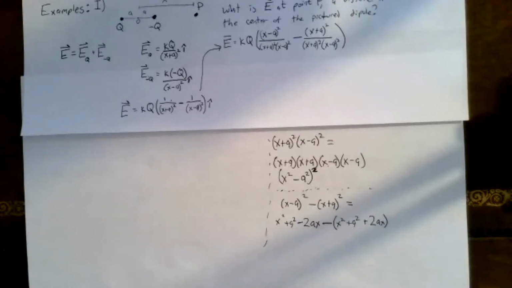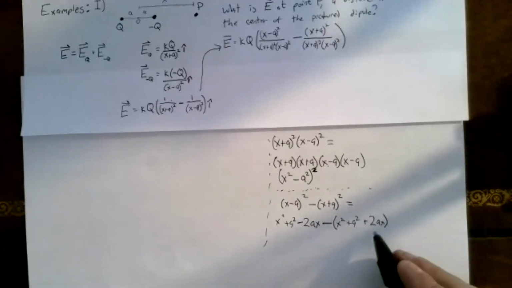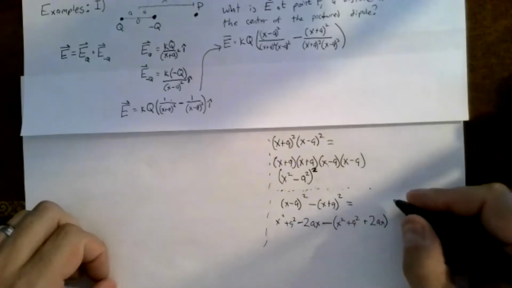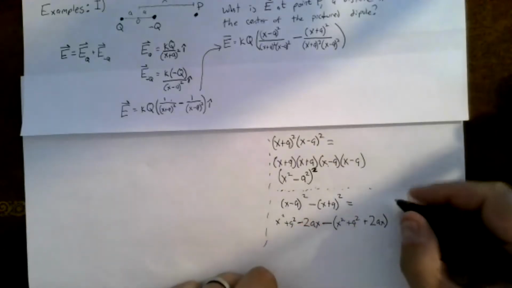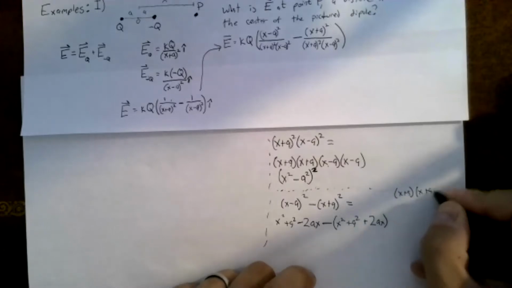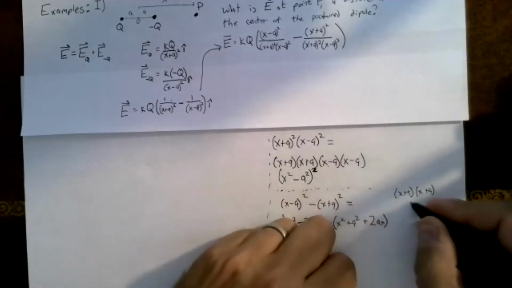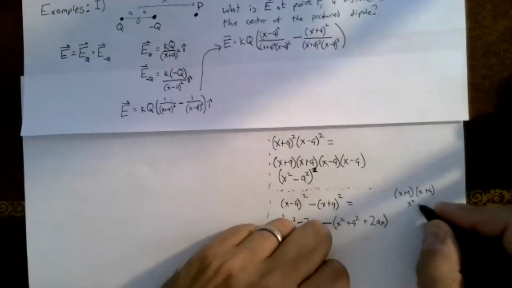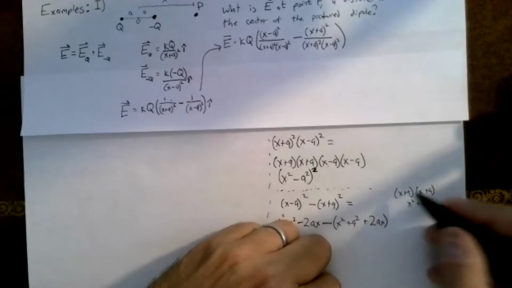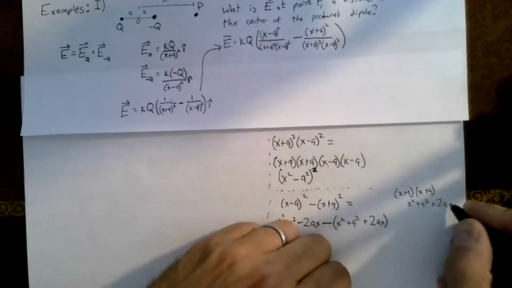Where did you get the 2? So it's negative... Oh, 4ax, my bad. Yeah, I got the 2 because if I do (x + a) times (x + a), the terms on the left are x², the terms on the right are a², and then I have a plus ax and another plus ax from the inside and outside terms.